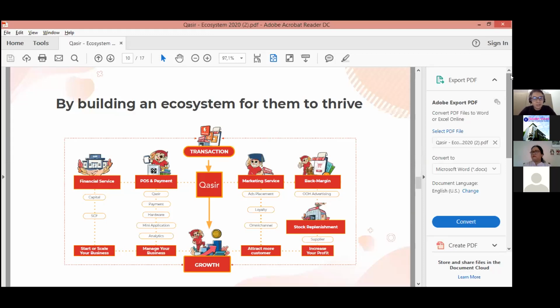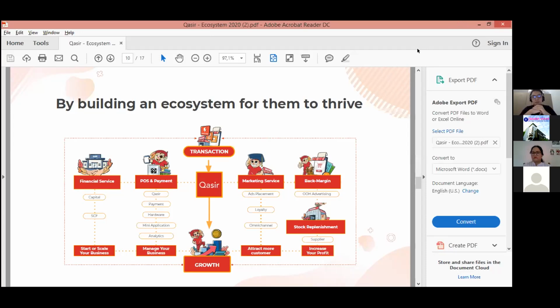So this is what Kasir does. At Kasir, we are building an ecosystem for MSMEs to thrive. It's all about financial services, point of sales payment that can be validated with digital payment, marketing services, and stock replenishment. We have partnerships with more than 20 suppliers that give our users access to the supply chain.